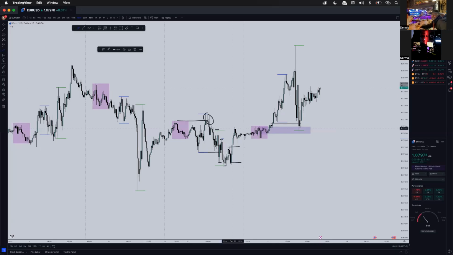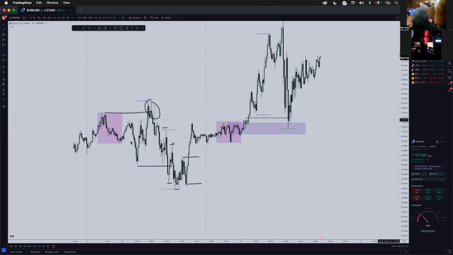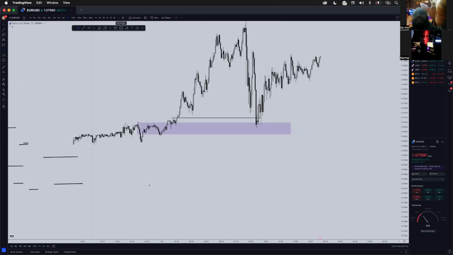So inside this base now, let's investigate it. Let me go to 10 minutes. If we investigate this base, you can see when the market got to this supply zone around here, they changed character to the bearish direction.